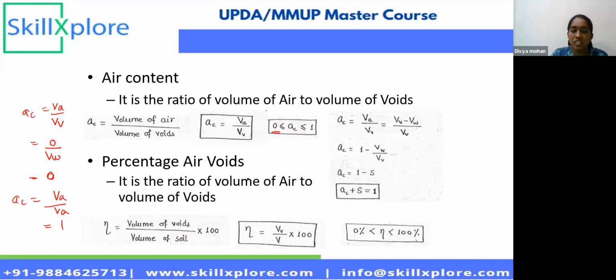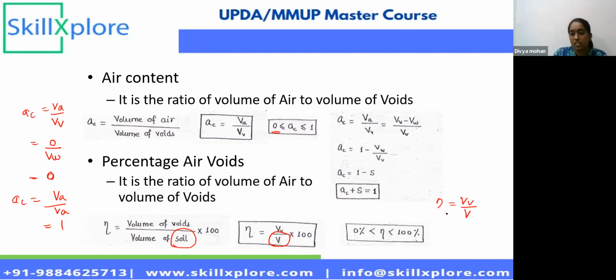And now we'll talk about the percentage of air voids. Percentage of air voids is nothing but the volume of air to the total volume of soil. Whenever we are seeing it, we have to see the conditions clearly. We must be very clear about whether it is the volume of solids or the total volume of soil. So eta is equal to volume of air by total volume.